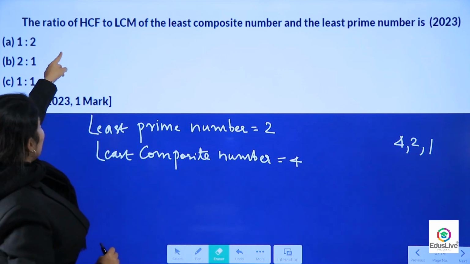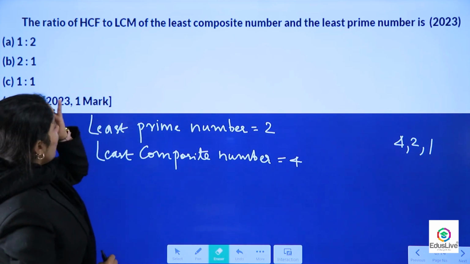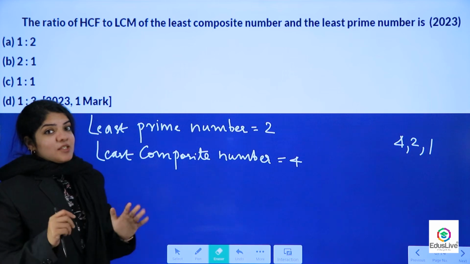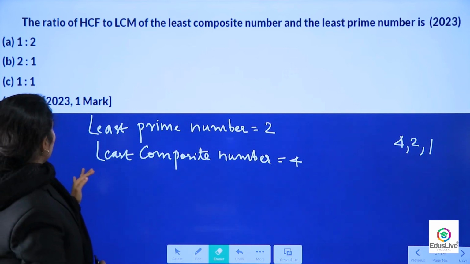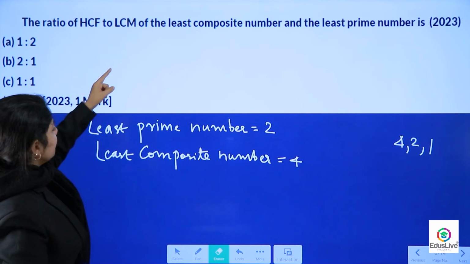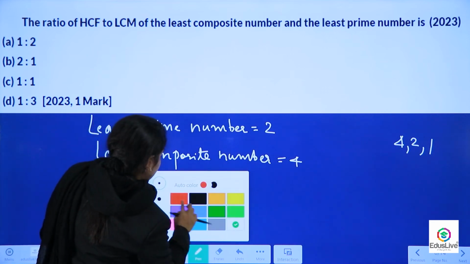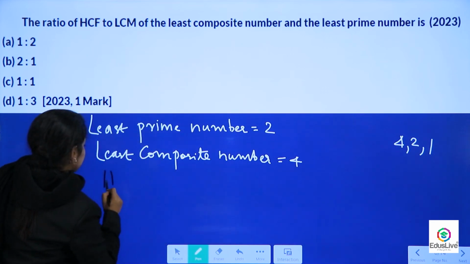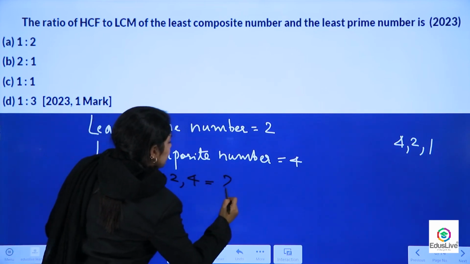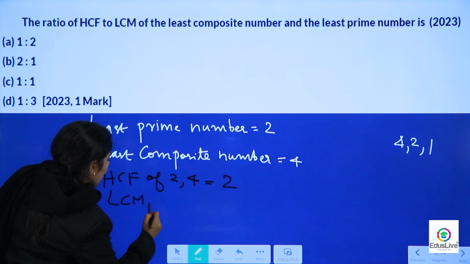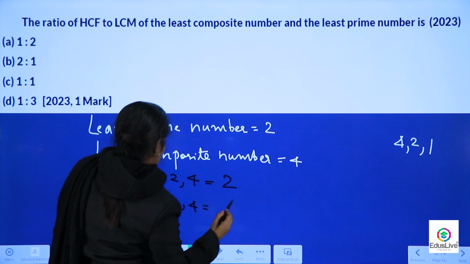The question is to find the ratio of HCF to LCM of the least composite and least prime number. Okay, so we will take the ratio of HCF to LCM. What is the HCF of these two? HCF of 2 and 4, that is 2, and LCM of 2 and 4, that is 4.